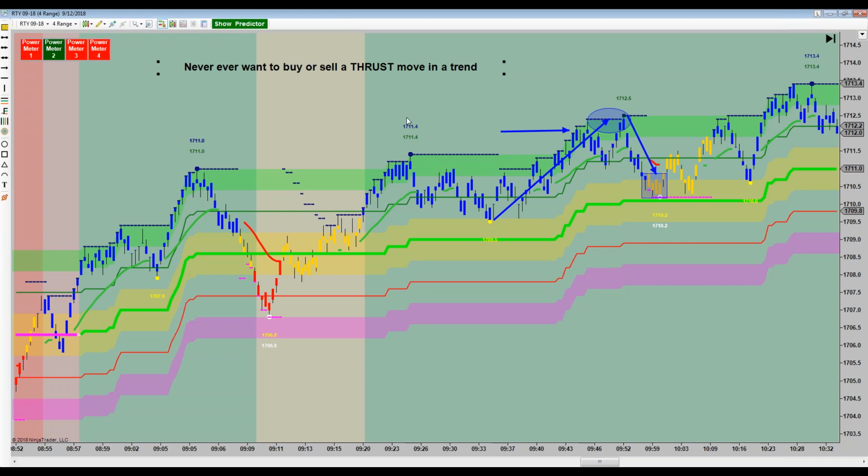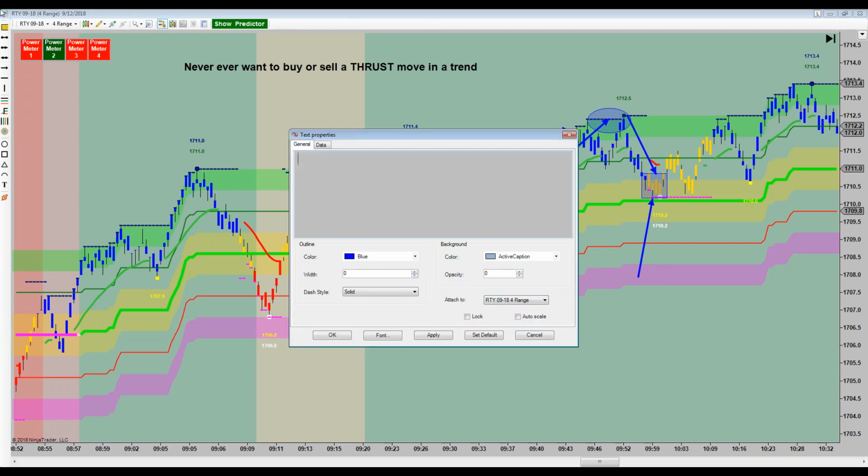There's a couple examples here. This is a classic sort of ABC type pattern that happened here. We retraced, we retraced, we come just above the mid-band. By the way, the reason I'm drawing these region boxes here, and some of you are going to embrace this tool and some of you might not, is we have a tool called Object Trader.